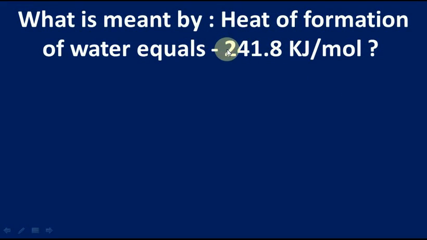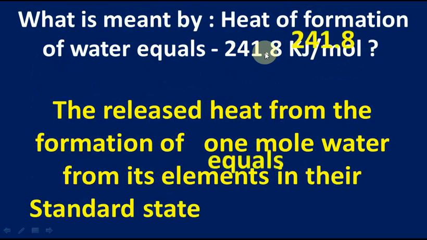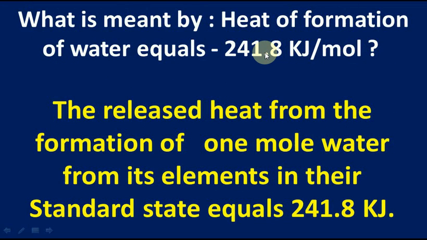So I will say: the heat released when 1 mole of water is formed from its elements, hydrogen and oxygen, equals 241.8 kilojoule. I said 1 mole, so I will not mention per mole here.